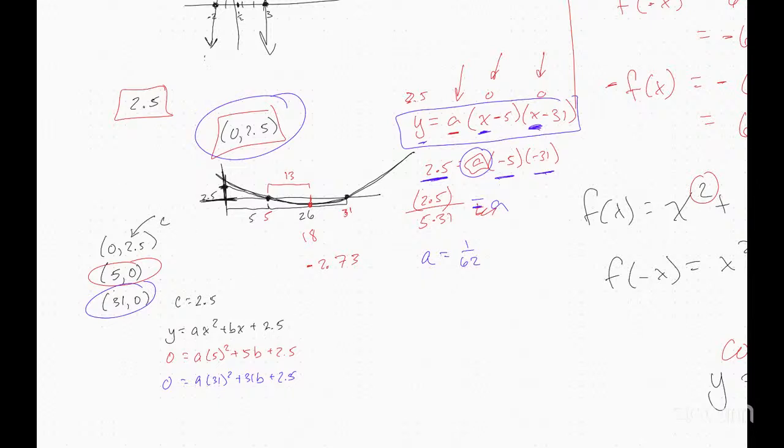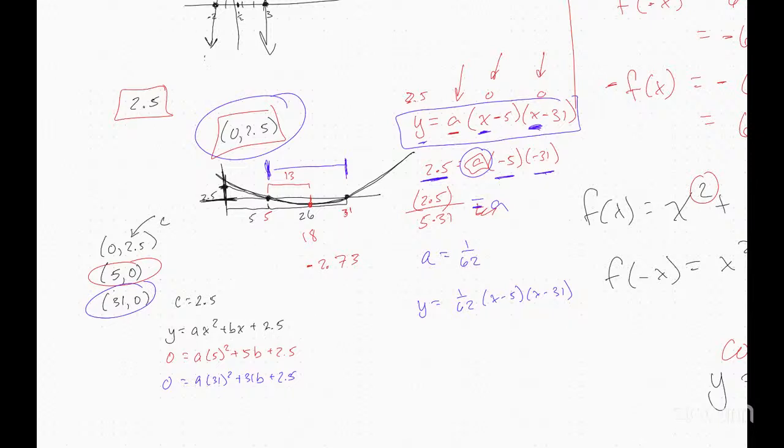Now what we're trying to find, remember the other thing you could use is the fact that a parabola is symmetric. So you know that this total distance here is 26, so it's 13 here.